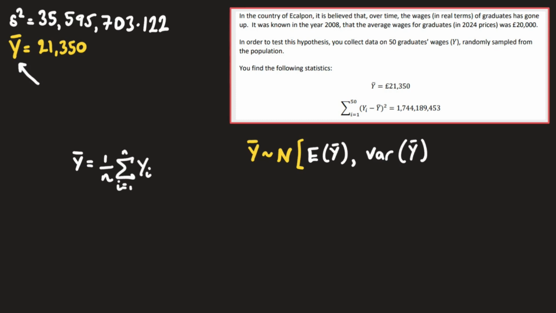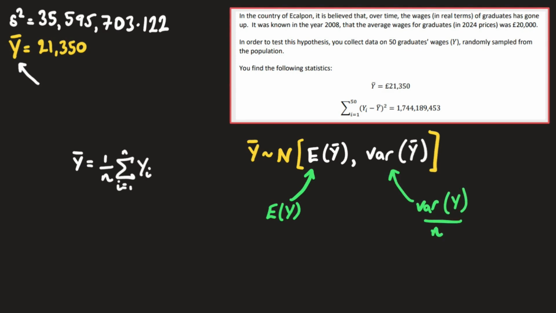Now, from our assumptions earlier, we assumed that the observations were randomly drawn from the population and were independent and identically distributed. If that's true, the expectation of the sample mean is just equal to the expectation of y, and the variance of the sample mean is just equal to the variance of y divided by the number of observations.